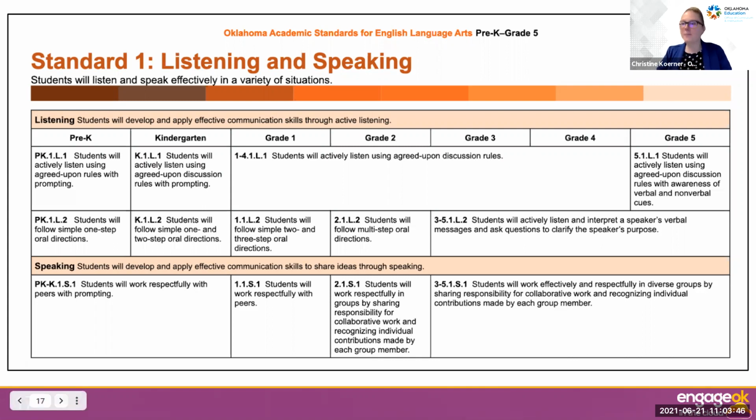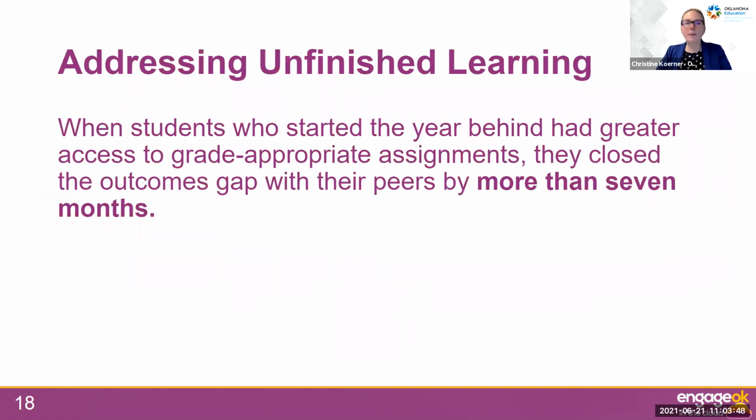And so next up, I just wanted to share really what I feel is a powerful statistic about the importance of addressing on grade level work versus remediation. This is a statistic from TNTP's The Opportunity Myth.